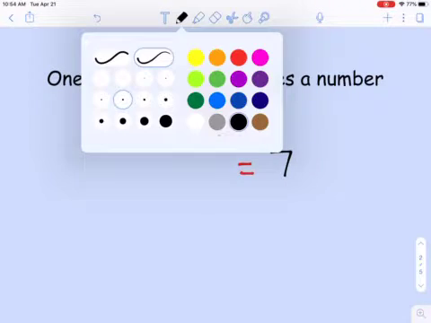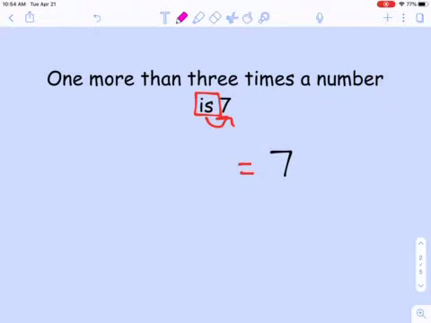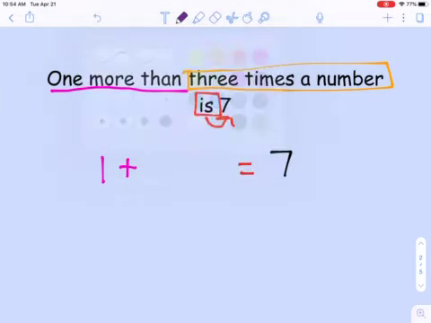So let's take a look at this first of all. I apologize for all the bouncing in and out. One more than. Well, one more than is going to be 1 plus, and then we have 3 times a number. All right, so there's two things in that 3 times a number that we have to parse out. The first thing is we've got this 3 times, right?